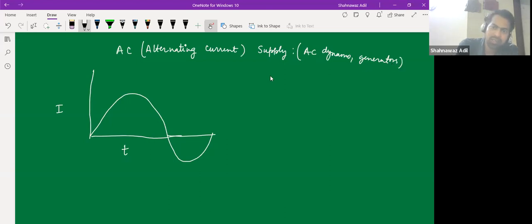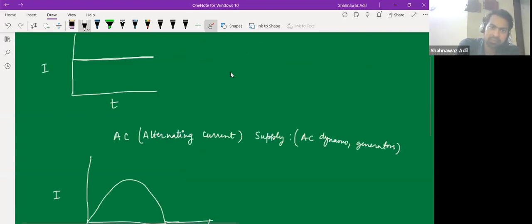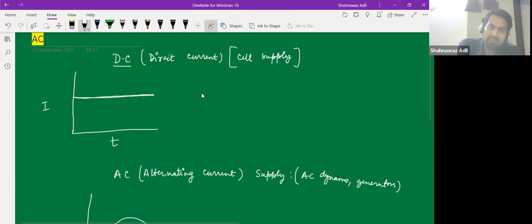Okay, is this part clear to you, Aisha? Yeah. So in most of your mobile devices, what is the current that they prefer? The supply in your household is AC current or AC voltage, but your devices use DC current.